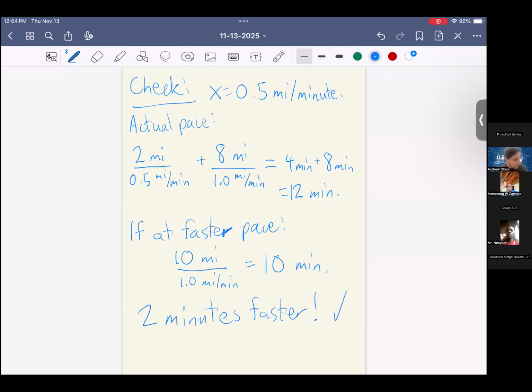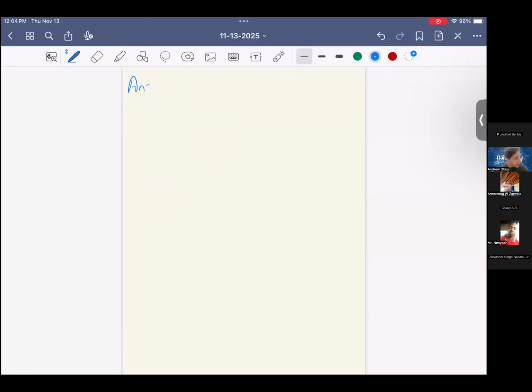So now what's the answer? I'll do one more page for the answer. Well, we want the average speed. How do we calculate average speed?